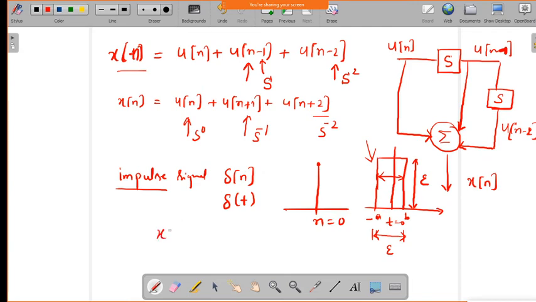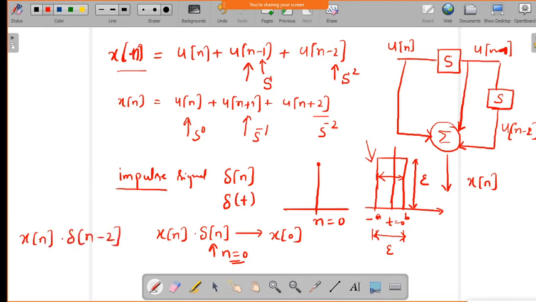Now there are some properties of the impulse function. Say, for example, x of n is there. If you multiply it by del of n, what will you get? You will get x of 0, since the impulse function only gives the value at n equal to 0. Similarly, if you shift, that is x of n into del of n minus 2, the resultant signal will be x of 2.